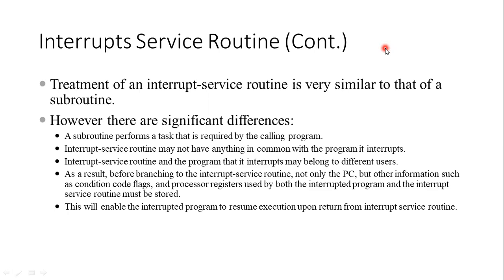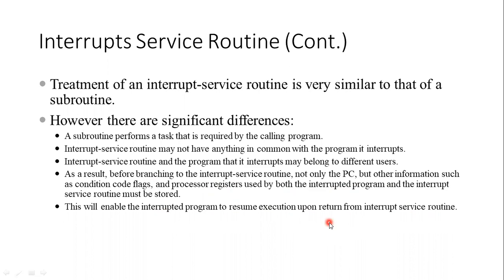As a result, before branching to the interrupt service routine, not only the program counter, but other information such as condition code flags and processor registers used by both the interrupted program and the interrupt service routine must be stored. This will enable the interrupted program to resume execution upon return from the interrupt service routine. What is the meaning of this line?